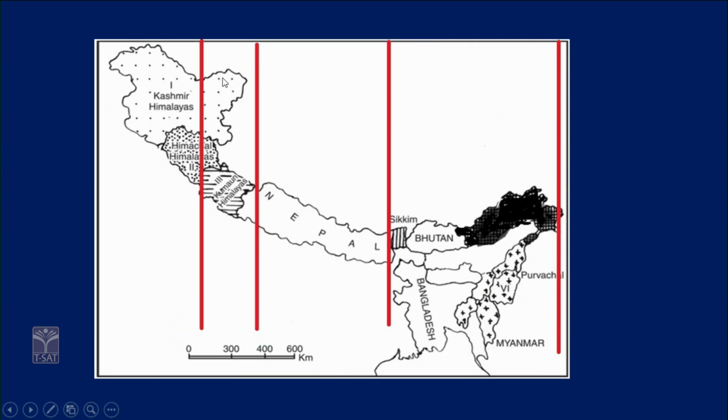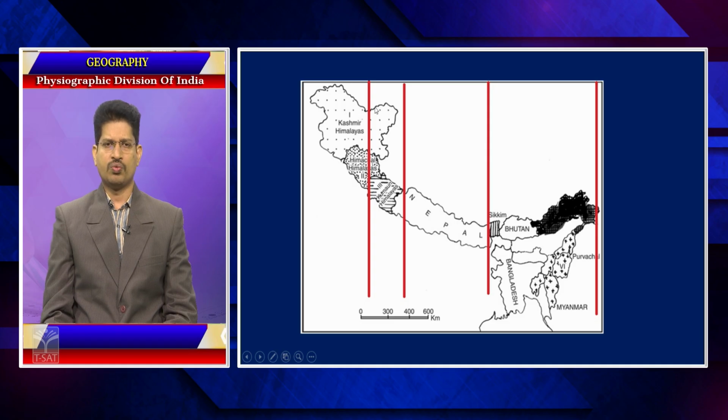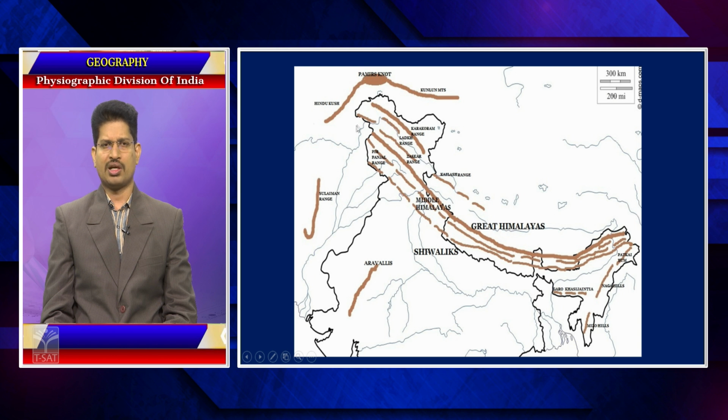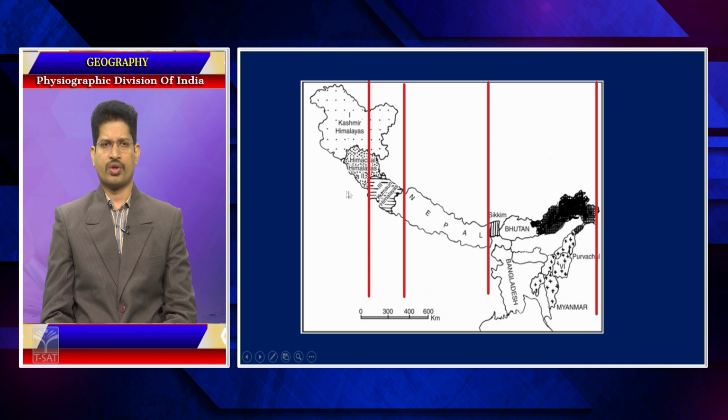In this context, we need to know how these mountains have been divided longitudinally, in the northwest to southeast direction, and in another way, from east to west or west to east. The Kashmir Himalayas, the Himachal Pradesh Himalayas, the Kumaon Himalayas, the Nepal, Bhutan and the eastern Himalayas.